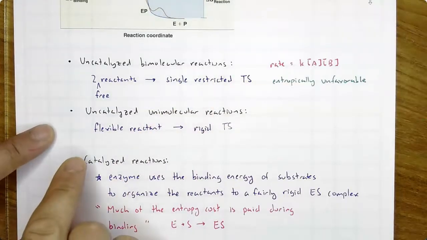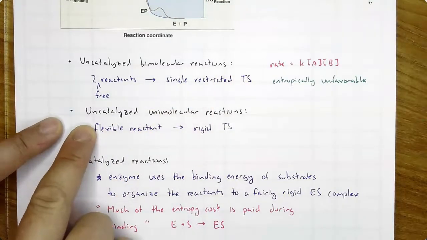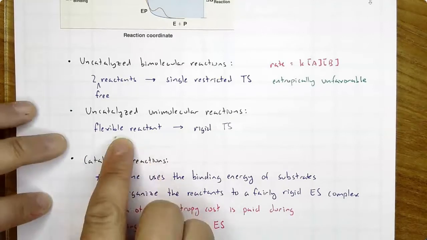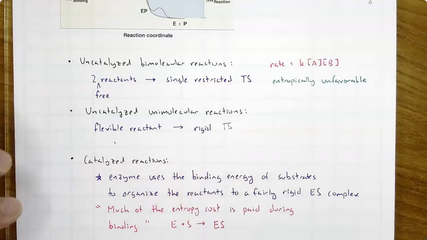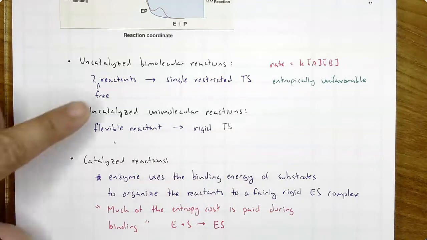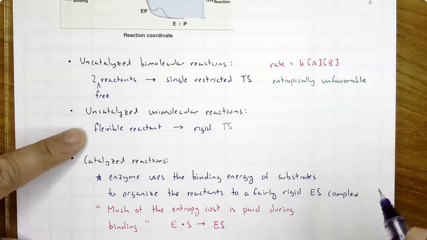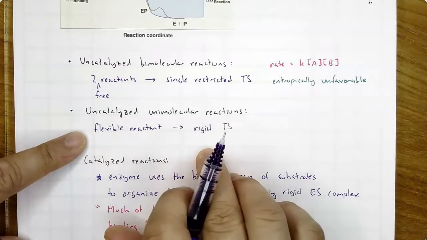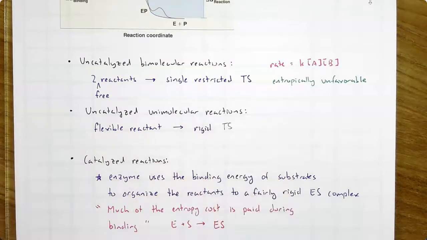Now take a look at this situation where it's unimolecular. We'll go from one molecule to one transition state. But the thing is, that reactant, before it reaches the transition state, is fairly flexible. And then it gets rigidified into a transition state which is about to undergo a reaction.